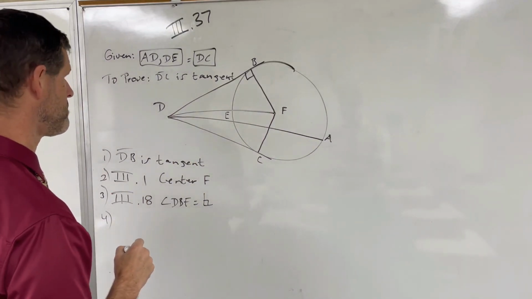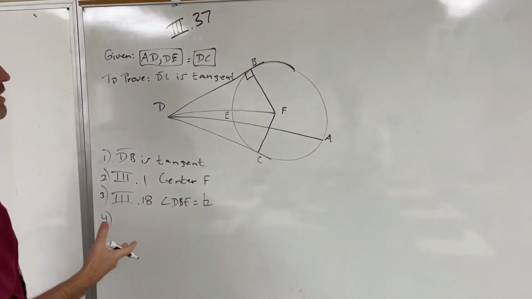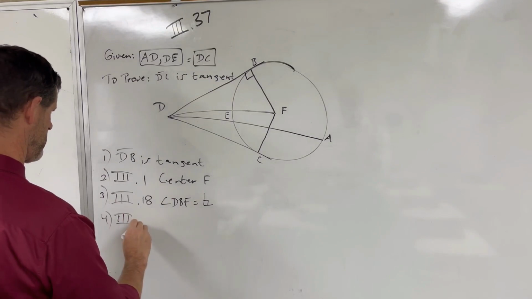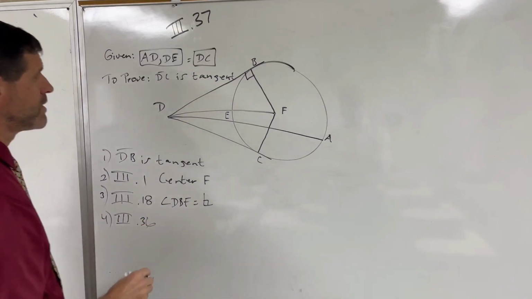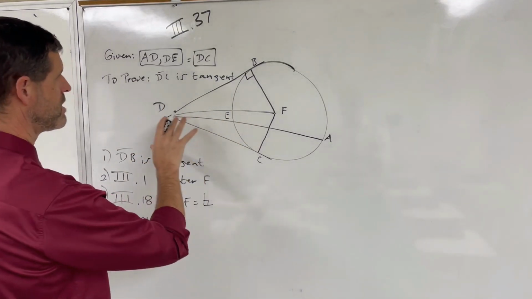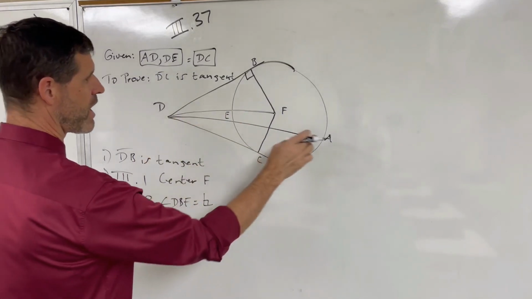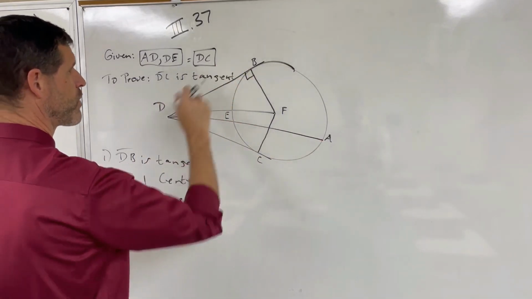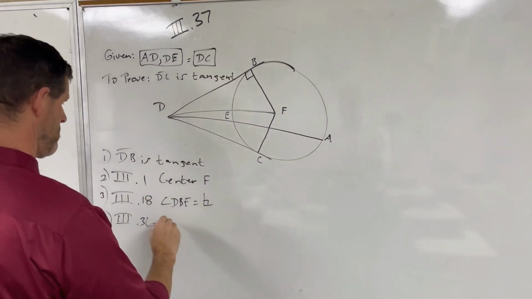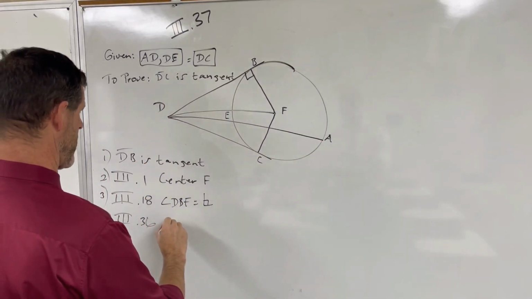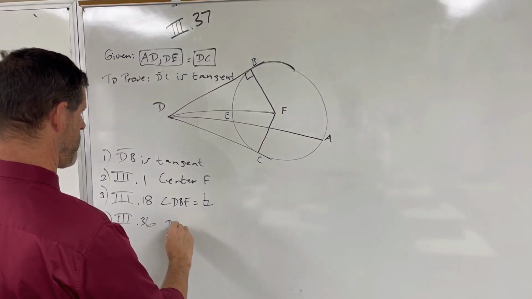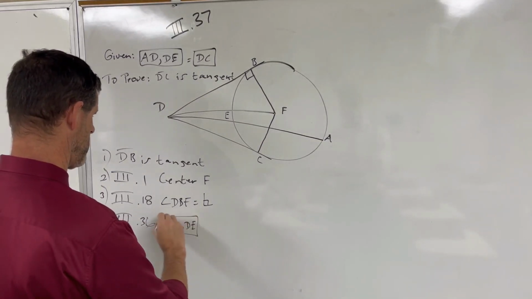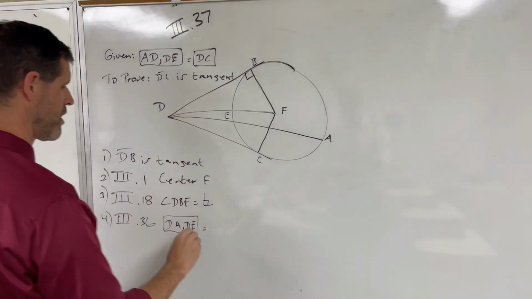So because of proposition 36 of book 3, since we know that the rectangle contained by DA, DE will be equal to the square on the tangent, therefore, I can write up that rectangle DA, DE equals the square on DB.